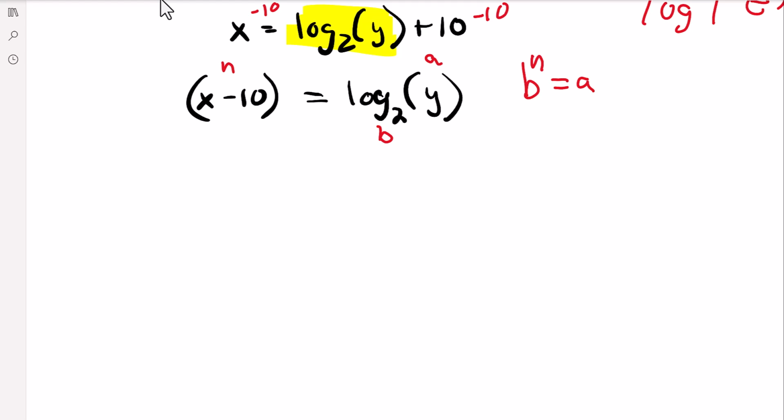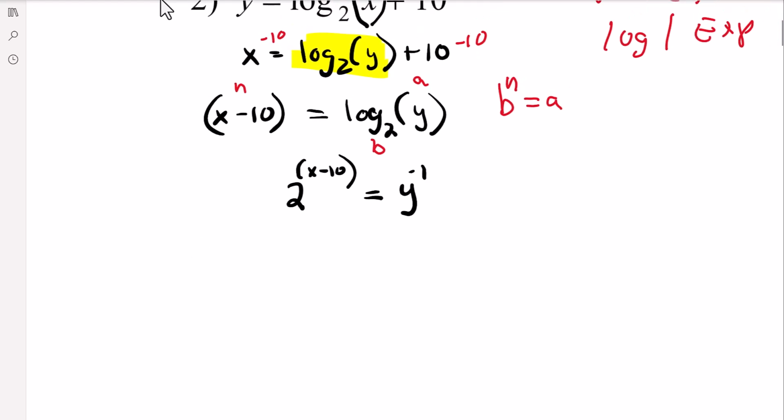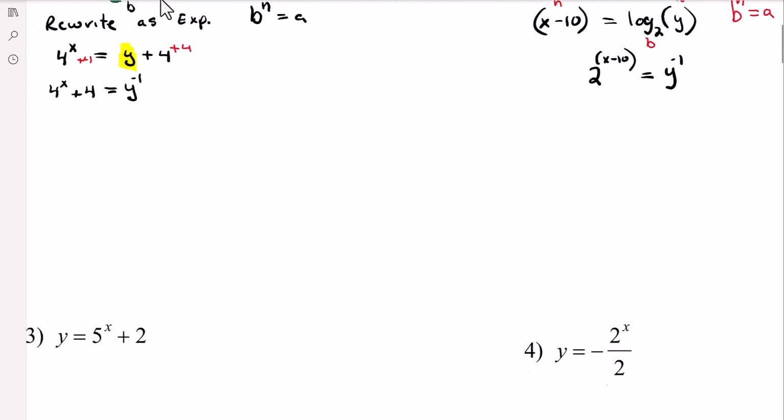So our base is 2. Our exponent is x subtract 10. Our argument, wow, that was pretty easy. And then you write the inverse notation, because this is now the inverse. Okay.